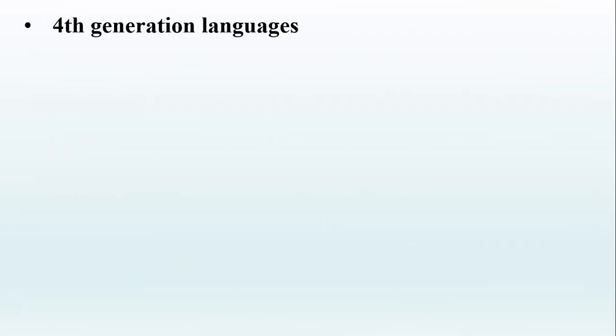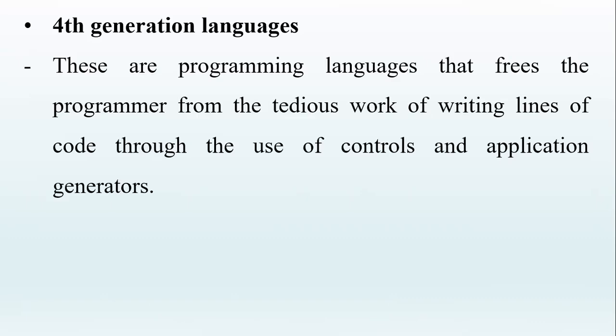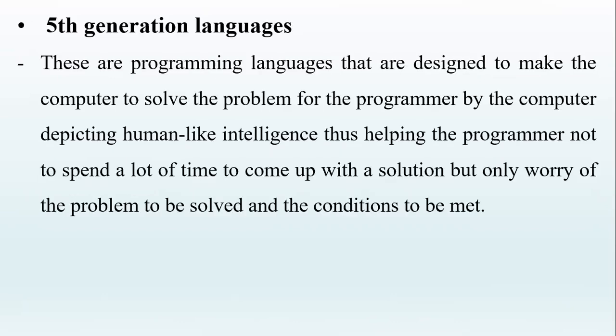4th generation languages. These are programming languages that free the programmer from the tedious work of writing lines of code through the use of controls and application generators. The 5th generation languages.